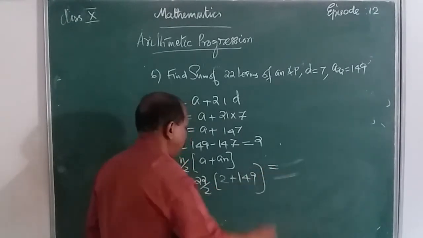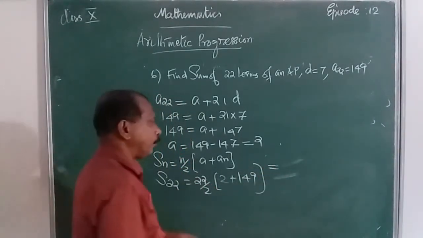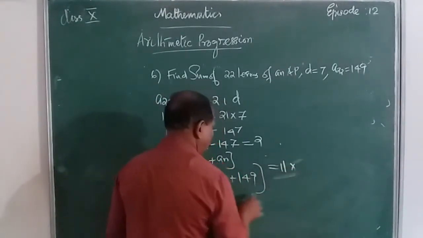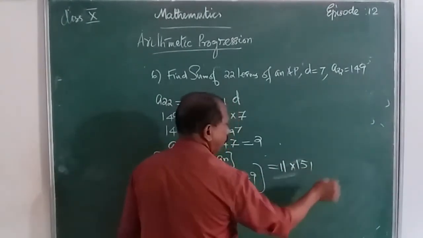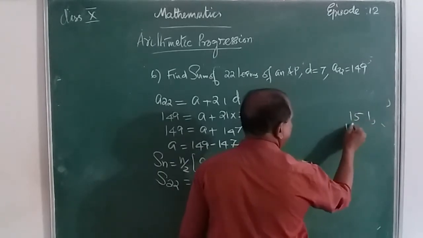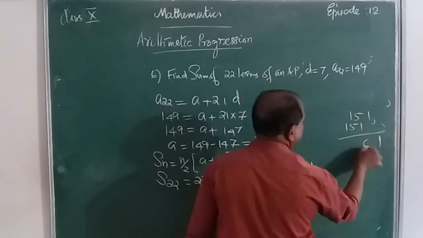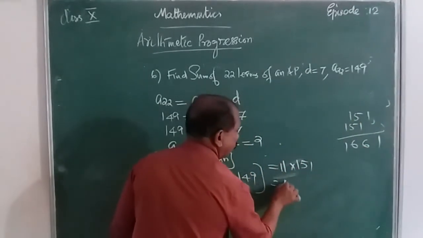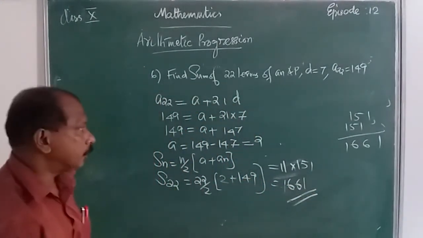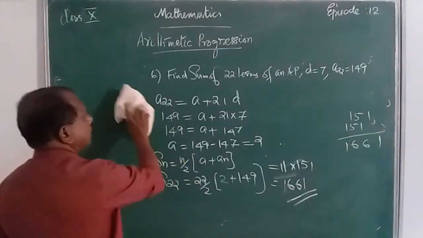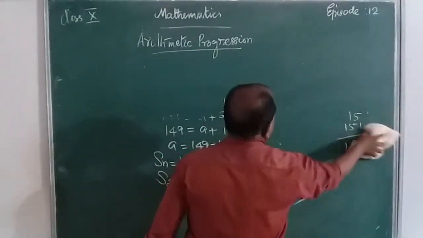That is 22 by 2, which is 11, into 149 plus 2, 151. Is equal to 1661. That is the sum of first 22 terms.